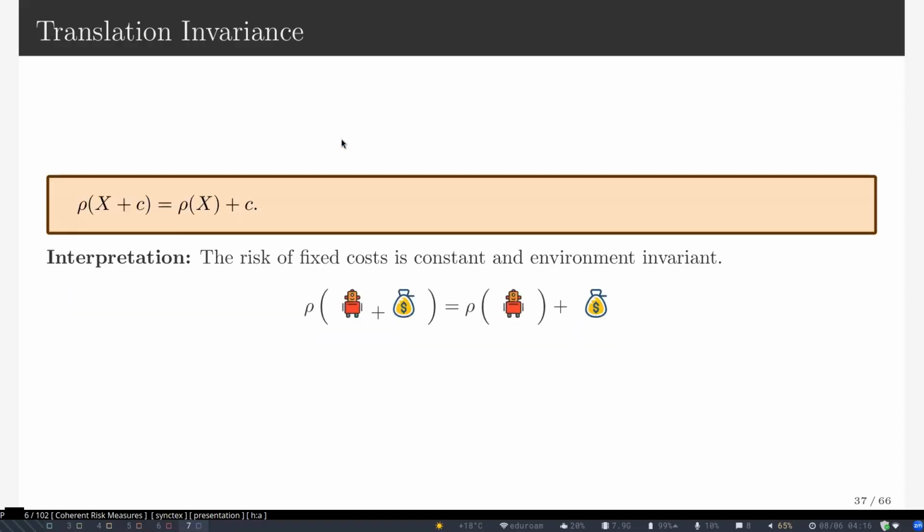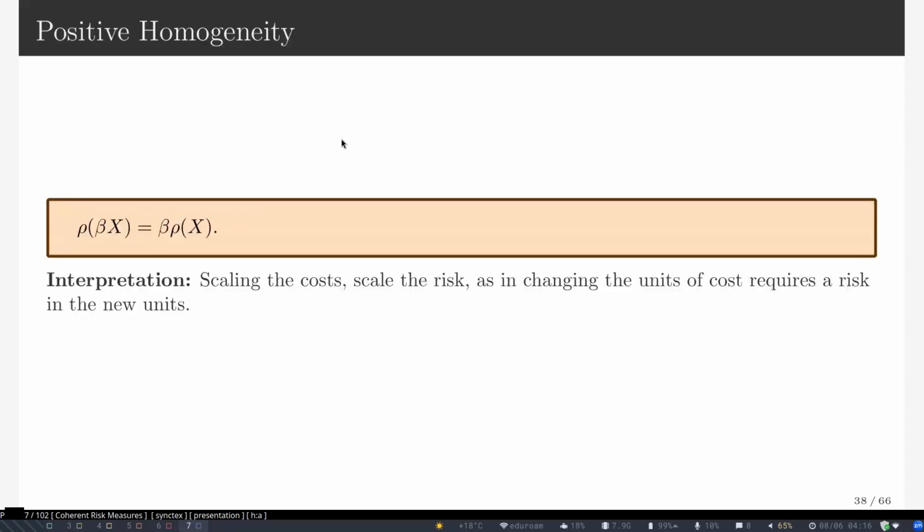If this is money, if I have a pile of cash, my risk doesn't change. Scaling the cost would scale the risk, as in changing the units of cost requires a risk in the new unit. We can arrive at it from different perspectives, the change of measure; the first interpretation is put in.